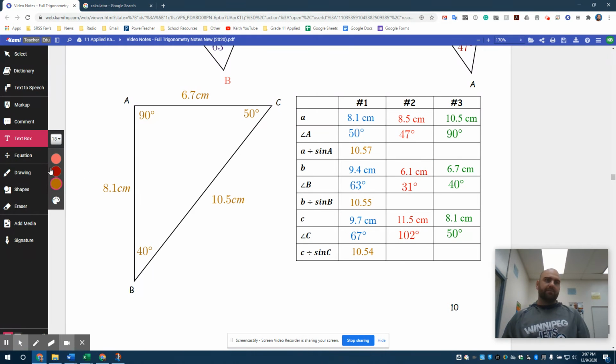Now, I'm going to do the same thing for triangle 2. 8.5 divided by sine of 47 is 11.62. And this one right here, 6.1 divided by sine of 31 is 11.84.